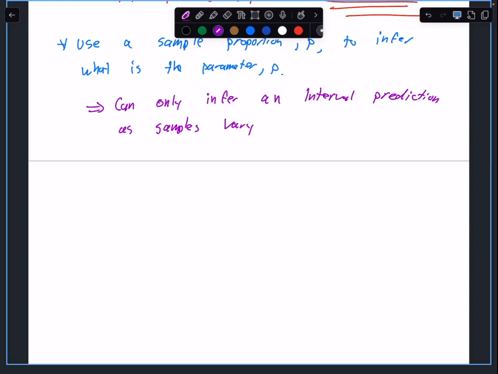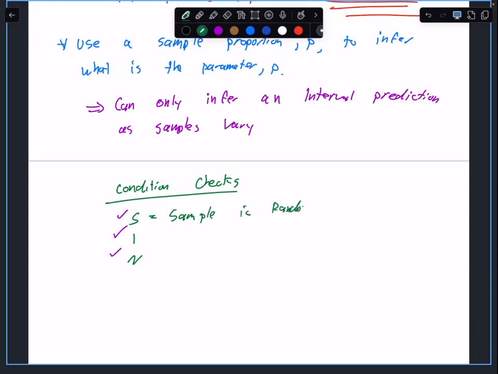So once again, we're going to have our conditions. Our condition checks are still going to be in there. SIN, same conditions. I'm going to write this again because yes, it's that important. The sample is random. N is less than 10% of the population.